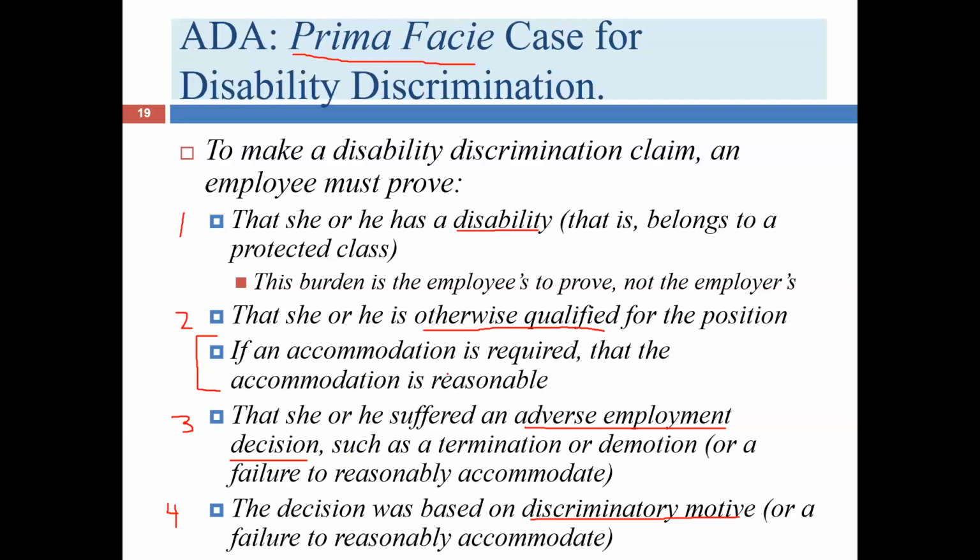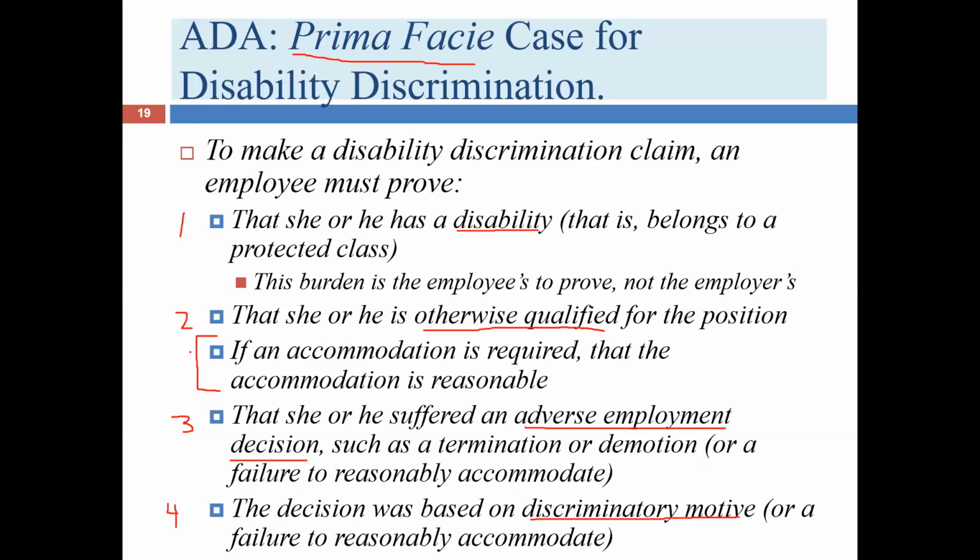So if an accommodation is required, that the accommodation was reasonable. And now we have, the employer's adverse employment action was failing to reasonably accommodate. And so whatever the adverse employment action that happened was based upon that failure to reasonably accommodate.